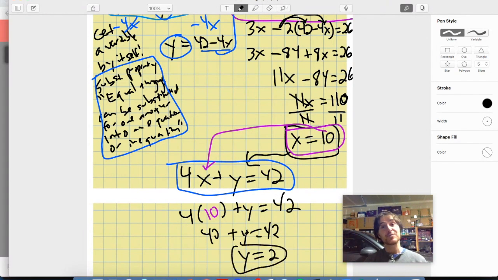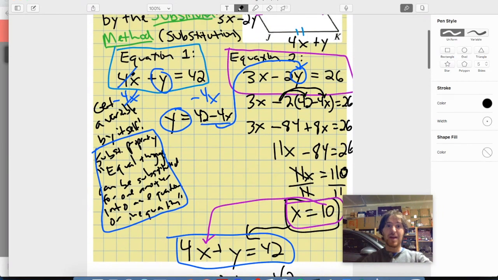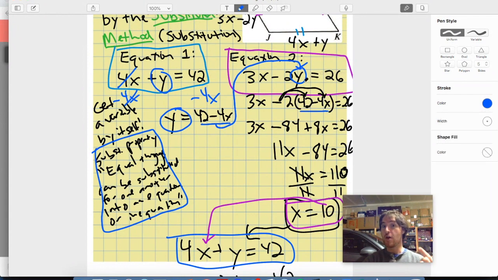All right, substitution method done there. So just think about the differences here. First step, isolate a variable by itself. The second step was take whatever that variable was equal to and plug it in for that variable in the other equation. So I put 42 minus 4x in here for y. I still had negative 2, so I needed to distribute, which was a little messy.